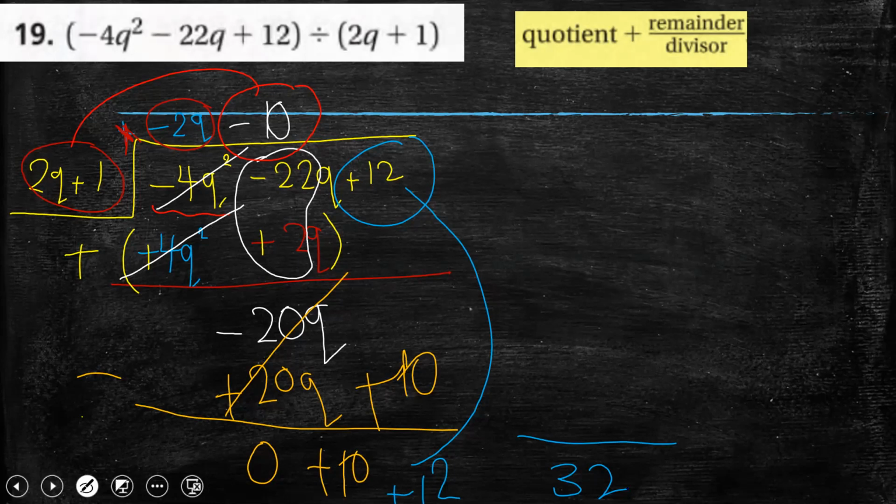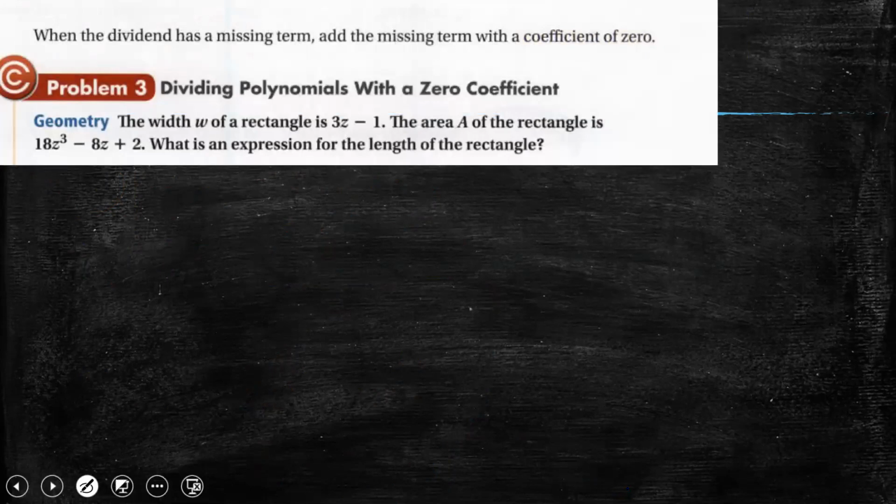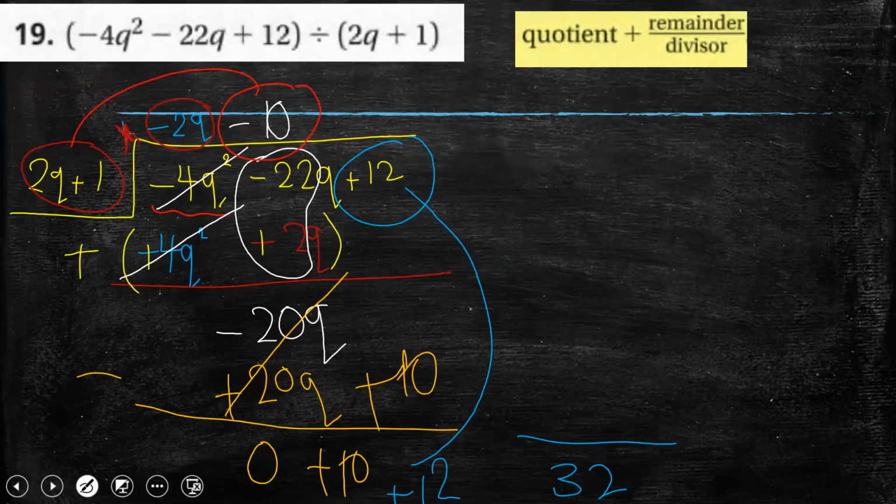Now, how can we write the answer? As you see here in this formula: quotient plus remainder over divisor. Now, where's the quotient here? It's negative 2q minus 10. This is the quotient. Plus, where's the remainder? 22.